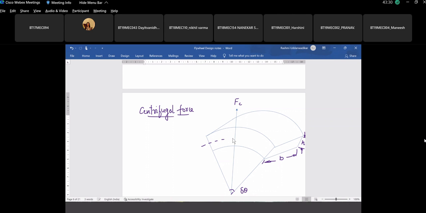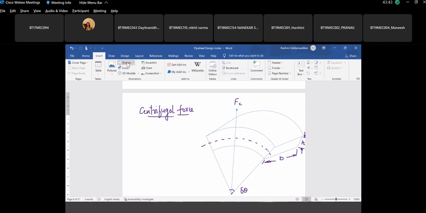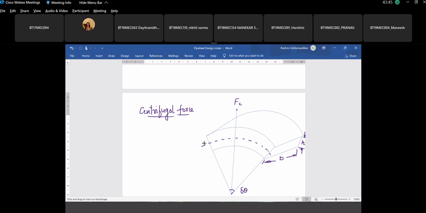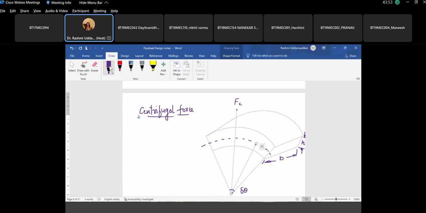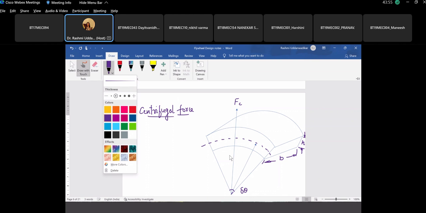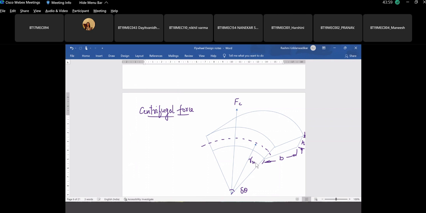Here this is the mean radius or the mean diameter, rm or dm by 2, the mean radius.